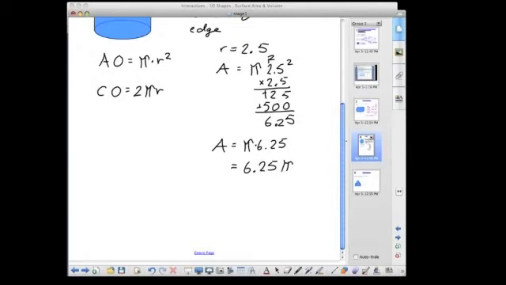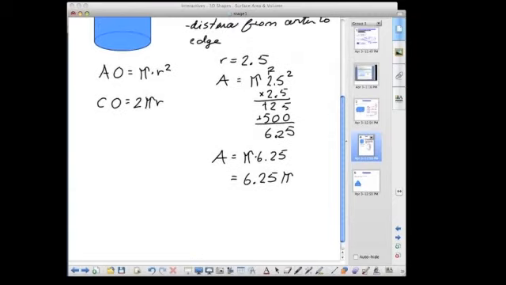So my area is equal to 6.25 pi. This is the area for one circle. In order to find the area for two circles, we need to multiply that number by 2. So 2 times 6.25 is going to give me 12.5 pi. This is the area of both circles.